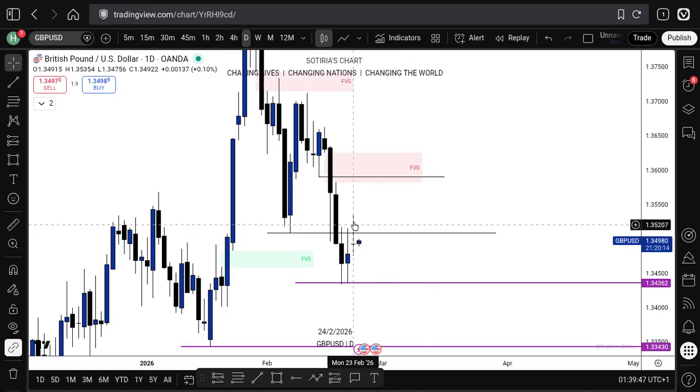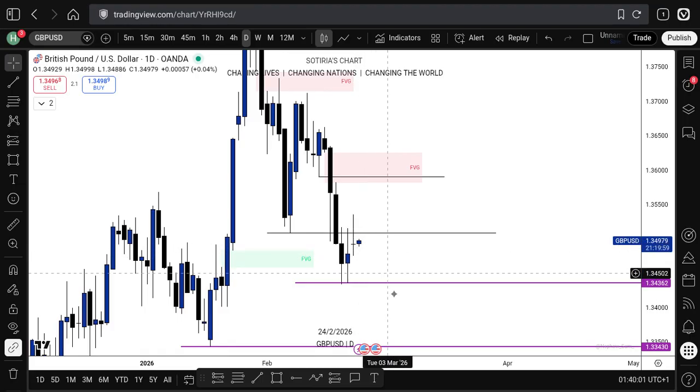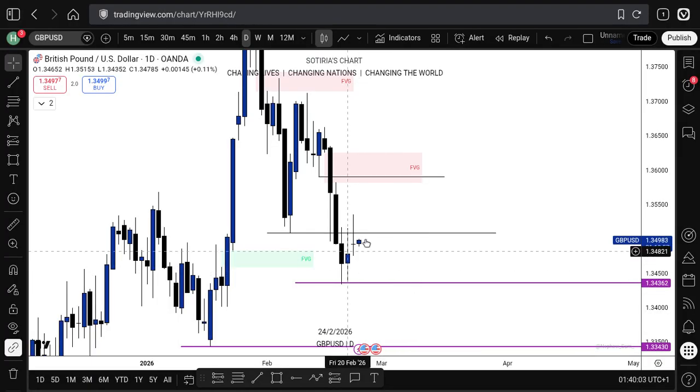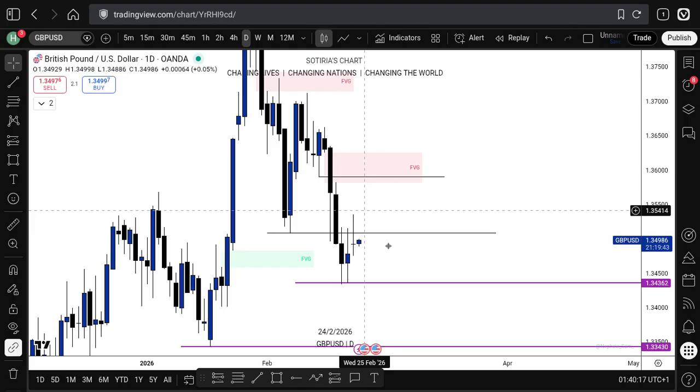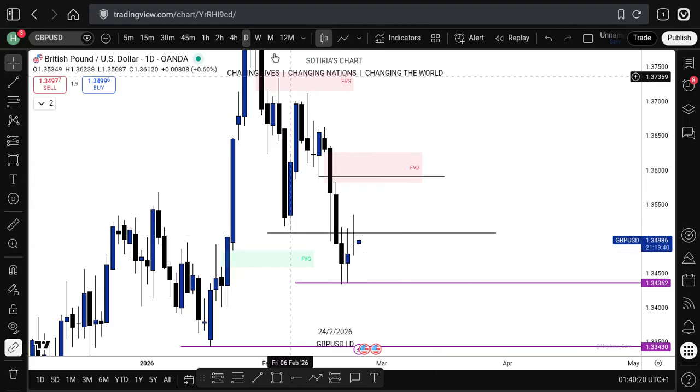So if price can give me an engulfing on the daily candle, let's say today's candle closes bearish below Monday's candle, then I'll be looking to take a sell from here. Or maybe it doesn't close below using Tuesday's candle, then it closes using Wednesday's candle, something like that. So that is what I'll be looking forward to see on GBPUSD.